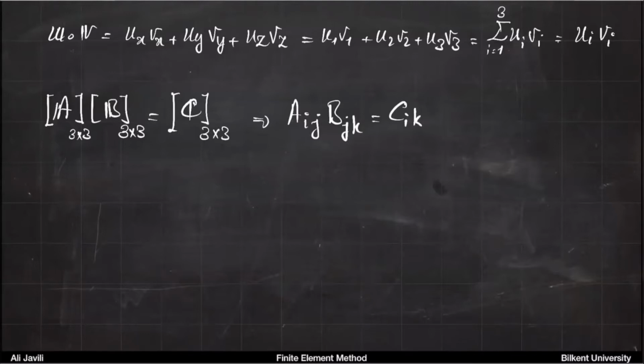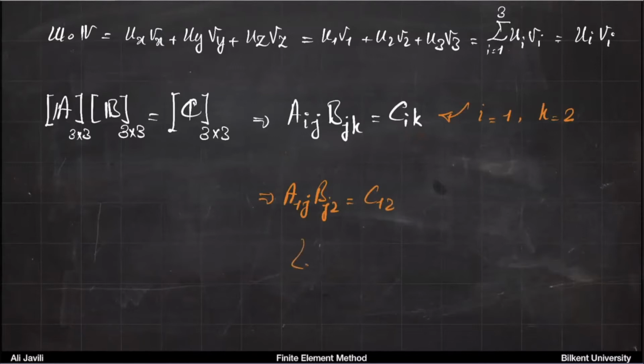Okay, so basically it tells you that if you choose a specific i and k, let's say for instance i equals 1 and k equals 2, then A1j Bj2 would be your C12.